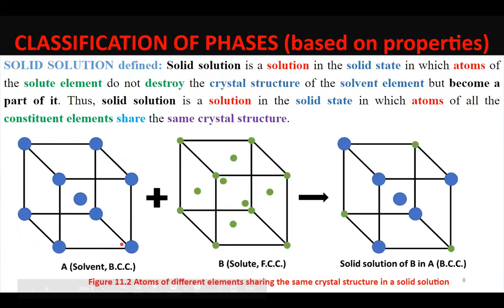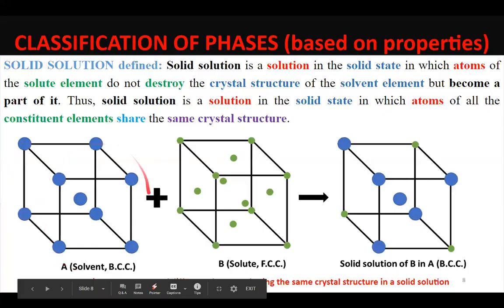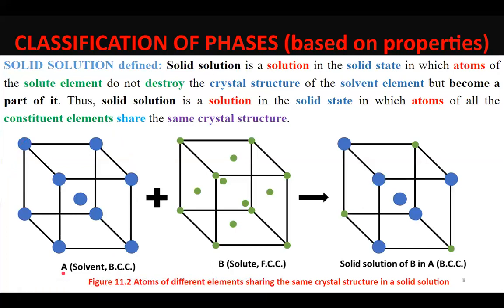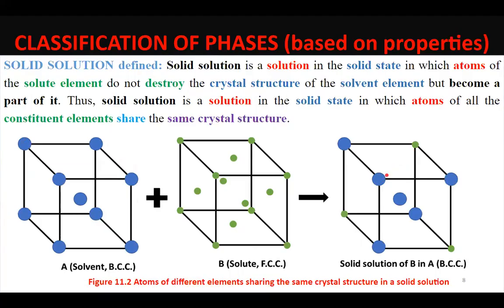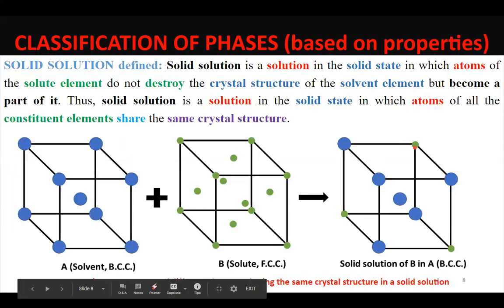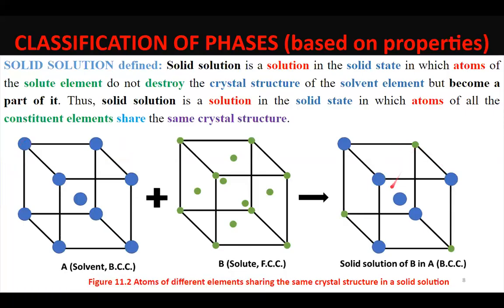But then there is a difference. The difference is that where initially the solvent was containing at lattice positions only atoms of element Y, I should have written Y over here, that was our solvent, now it is containing atoms of Y also, but of X also. And what's the proportion of the lattice positions that have been occupied by the solute and solvent? That is in proportion to the original weight concentration that had been taken.